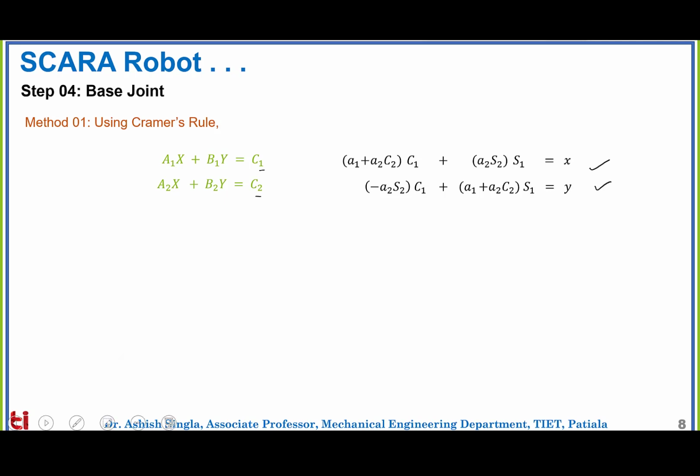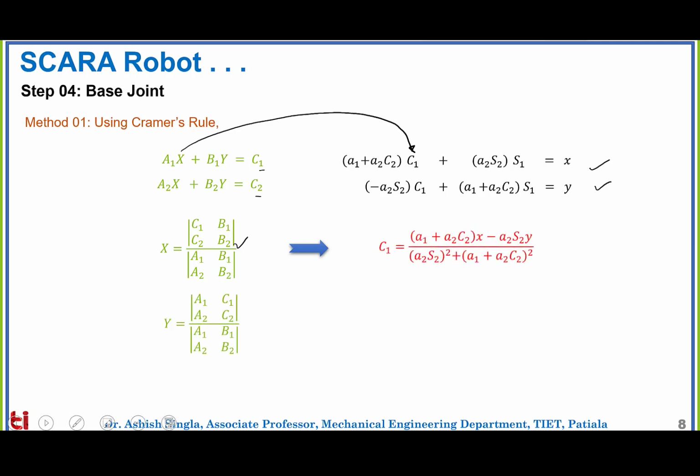Using Cramer's rule we can solve for x this way, where c1 appears over here, and similarly y can be given this way.